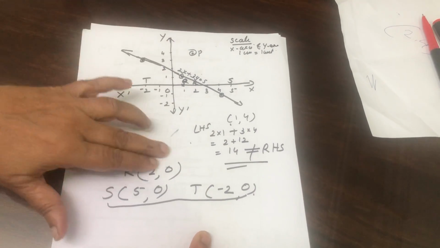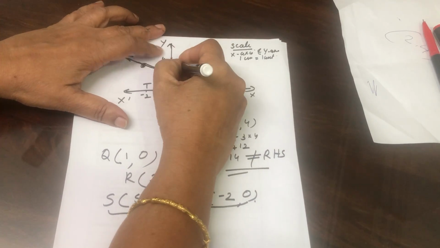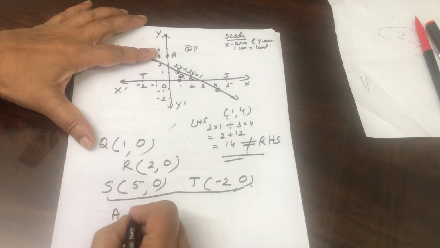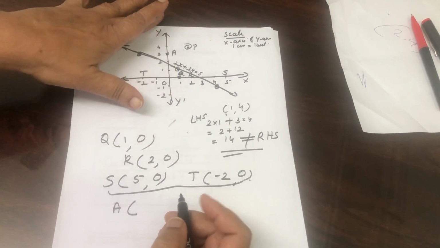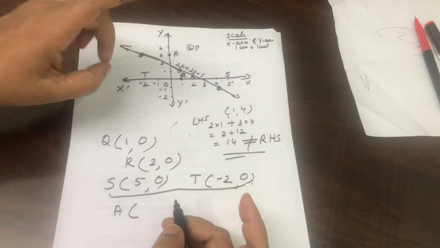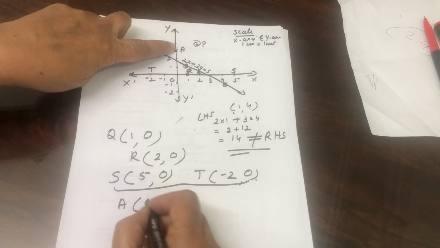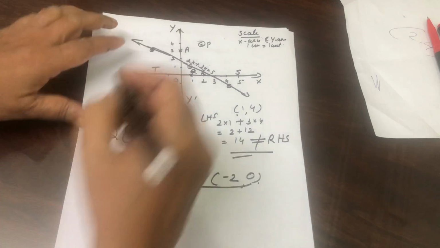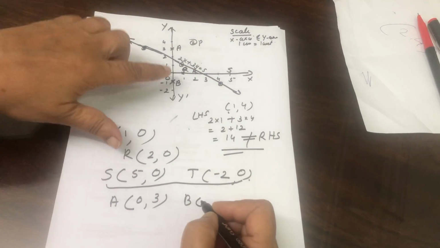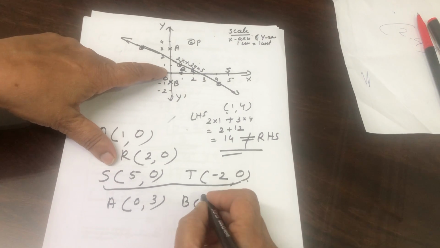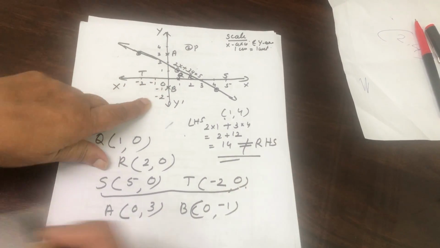Now you take a point on the y axis. Suppose I am taking this point A. What are the coordinates? You remember, any point on the y axis, the x coordinate is 0. This is 0 and the y coordinate is 3. So (0, 3). Now take this point B. The x coordinate is 0, the y coordinate is -1.